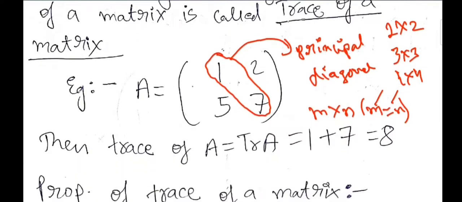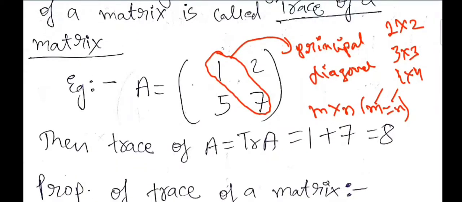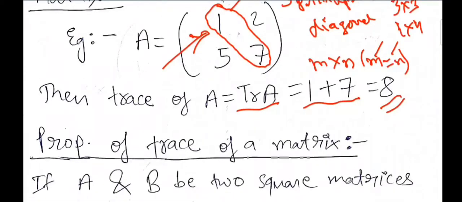So what will be the trace of this matrix? Clearly this red one is the principal diagonal. So trace A is equal to 1 plus 7, the sum of the principal diagonal elements, and that will be equal to 8.